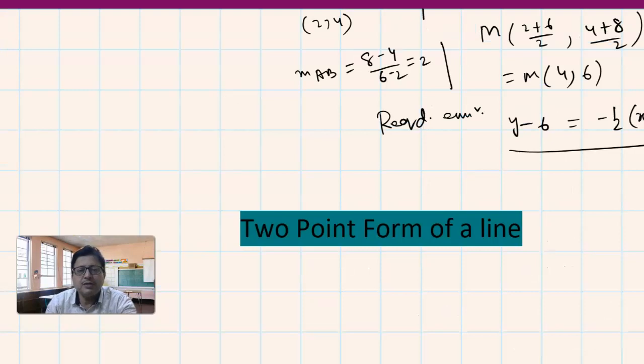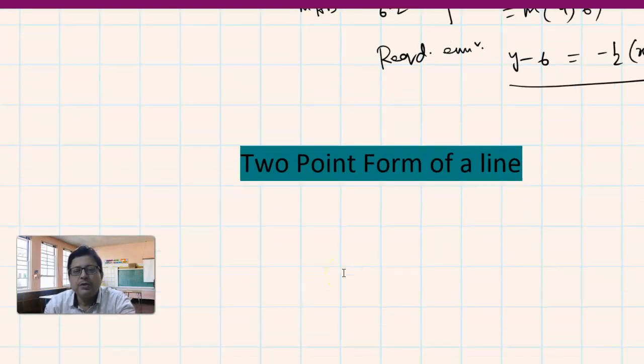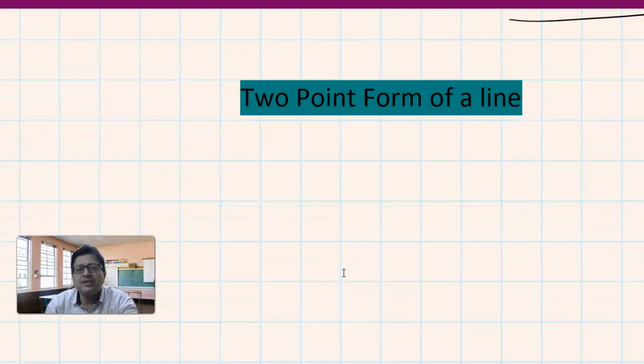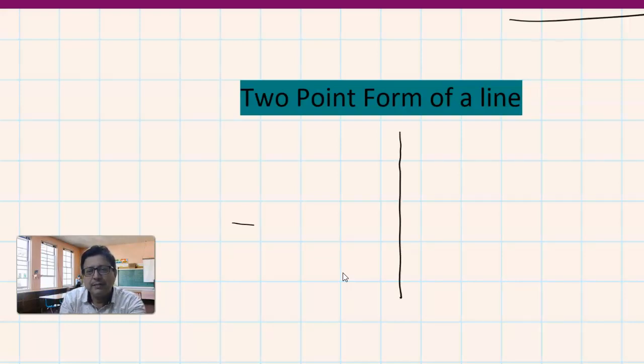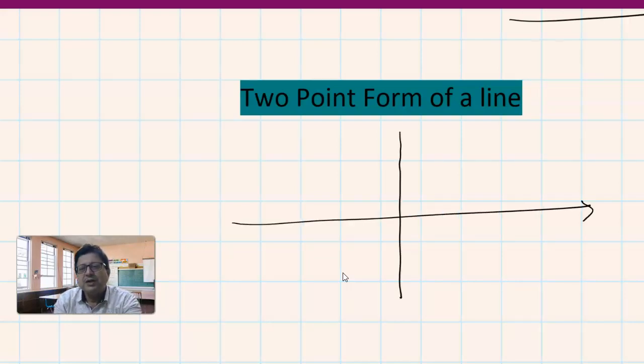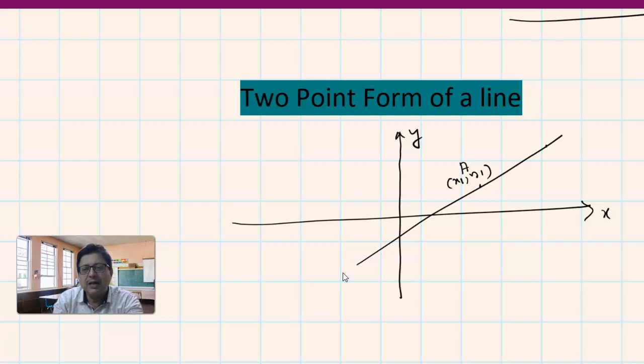Now we are going to discuss the two-point form of a line. What is the two-point form? It means the line will pass through two given points. Its equation is very easy to determine, because if we remember the one-point form, the two-point form is done. Suppose the line passes through two points A (x1, y1) and B (x2, y2).